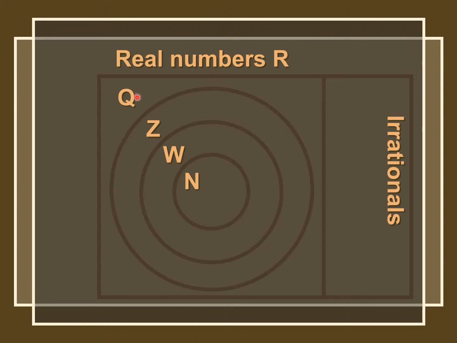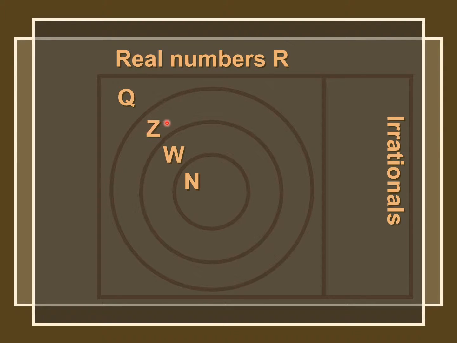And then inside the set of rational numbers, you have the set of integers. So the set of integers are positive and negative whole numbers. So -5, +5, -20, +20, and it includes 0. So the set of integers is a subset of the rational numbers, which are a subset of the real numbers, okay?